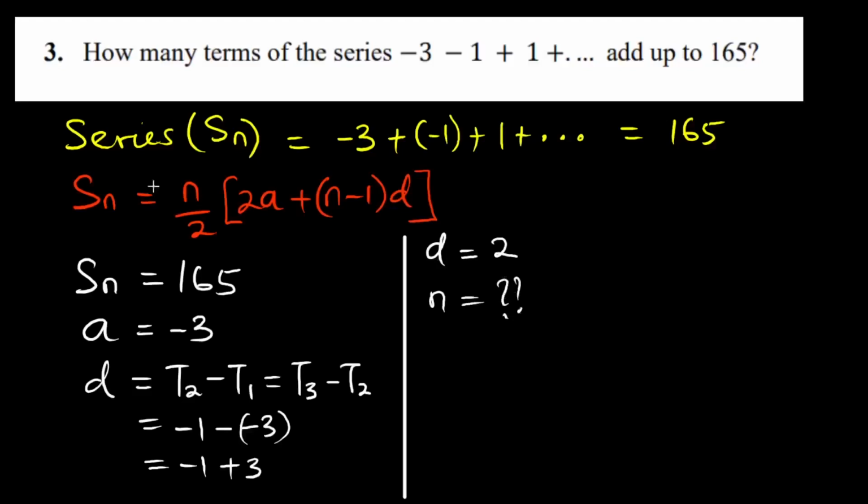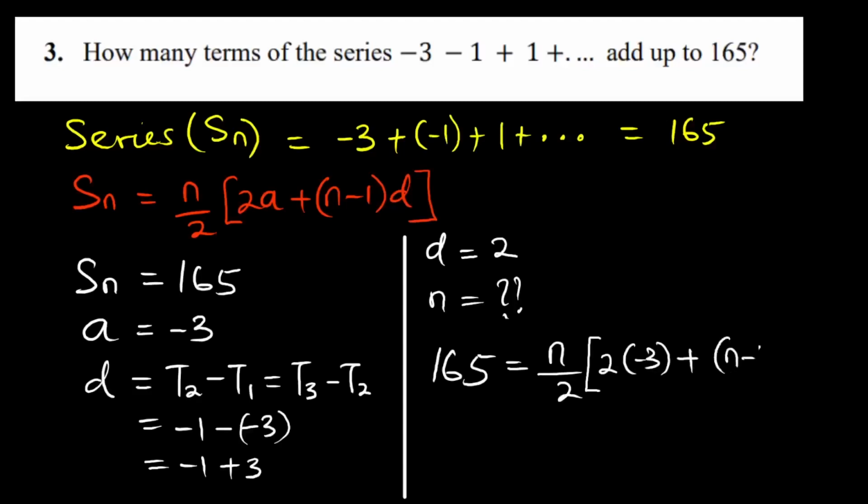Okay, so I'm going to substitute all these parameters into the formula. That's going to be Sn, which is 165, is equal to n over 2 times 2a, which is 2 times minus 3, plus n minus 1 times d. D was 2.